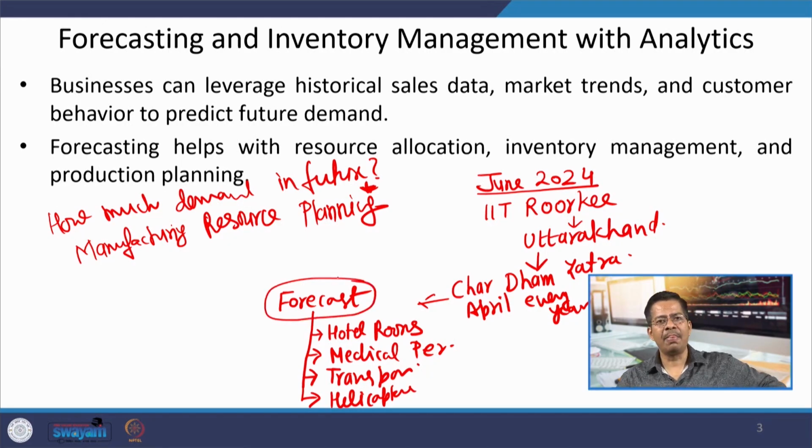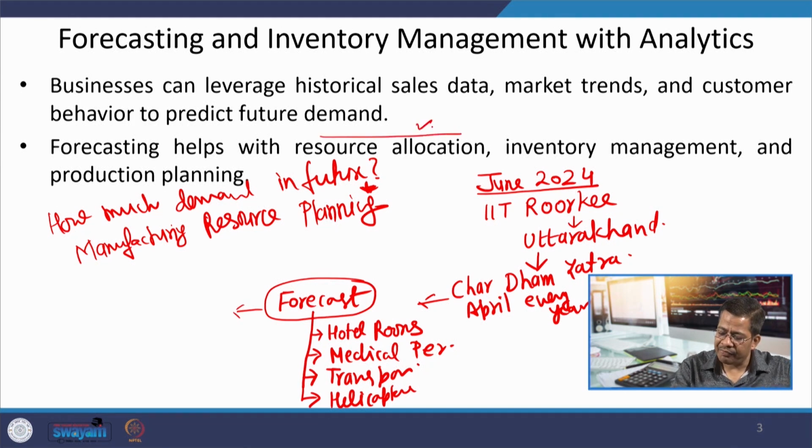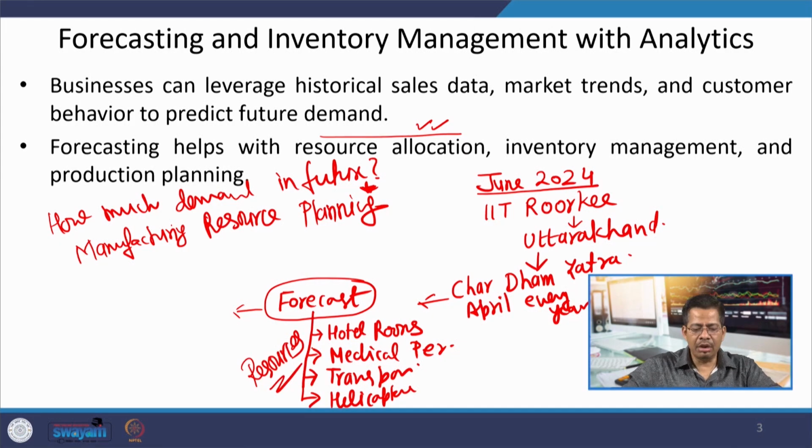And when you have an appropriate forecast, it will also help you in proper resource allocation. Resource allocation with respect to money, material, manpower, space, all the different types of resources needed in your activities.